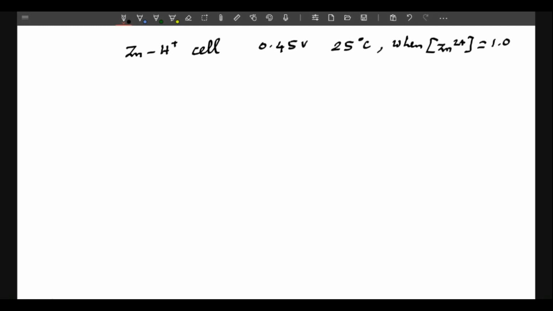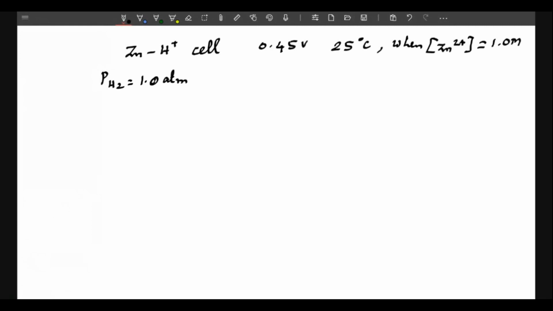If the potential of the zinc hydrogen cell is 0.45 volt at 25 degrees centigrade, when concentration of Zn2+ is equal to 1 molar and pressure of hydrogen is equal to 1 atmosphere.